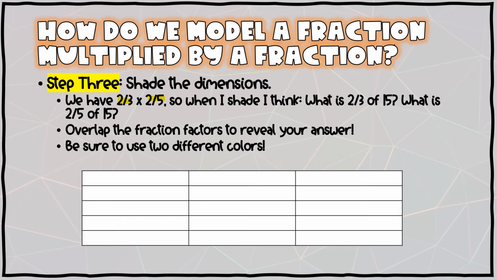Whenever I think of 2/3 of 15, that is going to be 10. So I could even go as far as to multiply to the side. So let me change my color. So 2/3 of, I could do 2/3 times 15 if I wanted to.